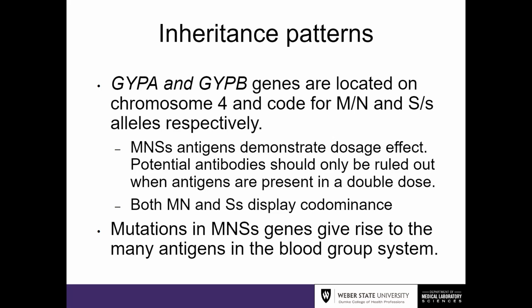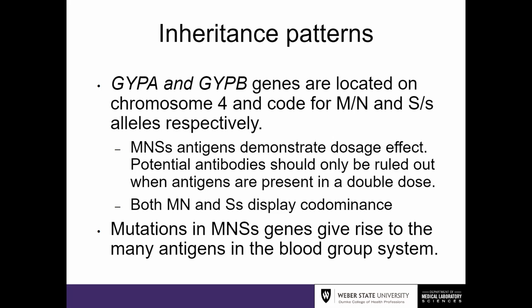So it is important to remember that these antigens and the antibodies to these antigens demonstrate the dosage effect. So potential antibodies should only be ruled out when we have a double dose of these antigens on the red blood cells, or they're homozygous. When we're doing our antibody screens and antibody panels, if we're trying to rule out an anti-big S, for example, we need to be sure that that cell only has the big S antigen and not the little s antigen.